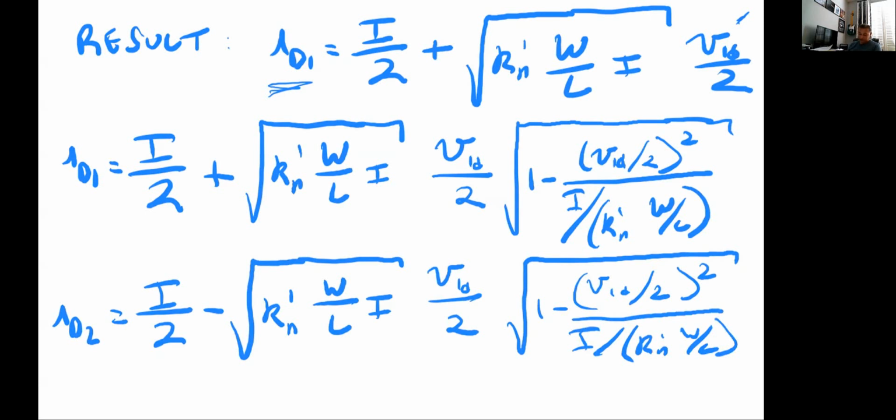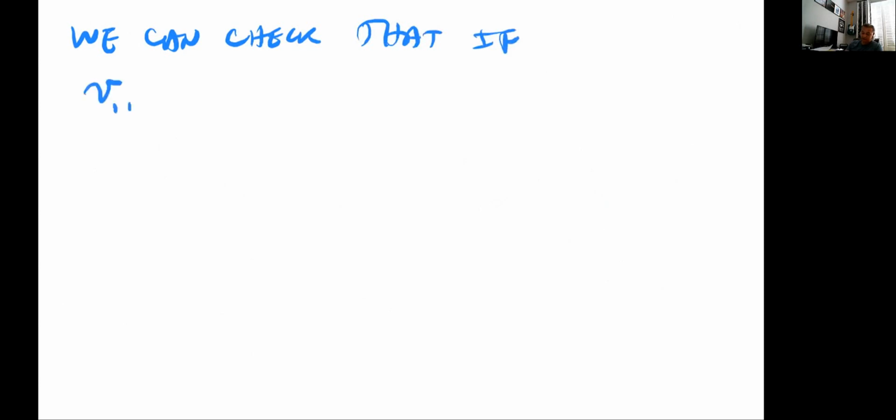So at any point in any of the equations that we have written, we can check that if the differential voltage is 0, then we're going to have a balanced differential pair.